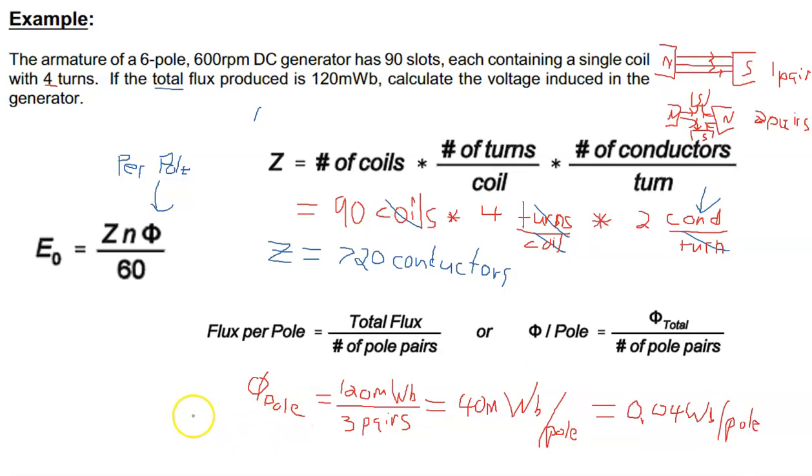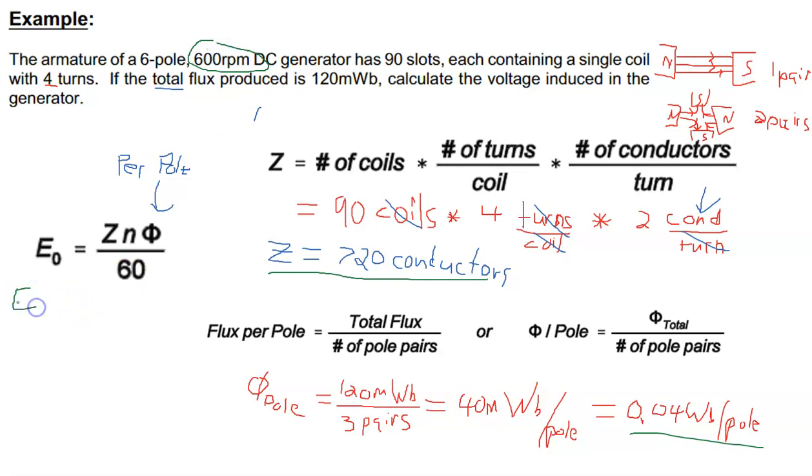So the numbers we need to put in: Z is 720 conductors, 0.04 Webers per pole, and of course the speed has been given to us.